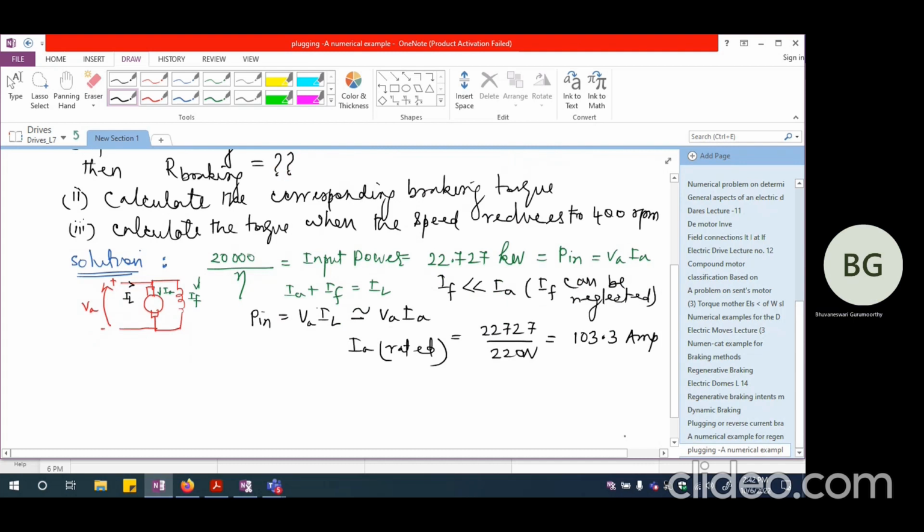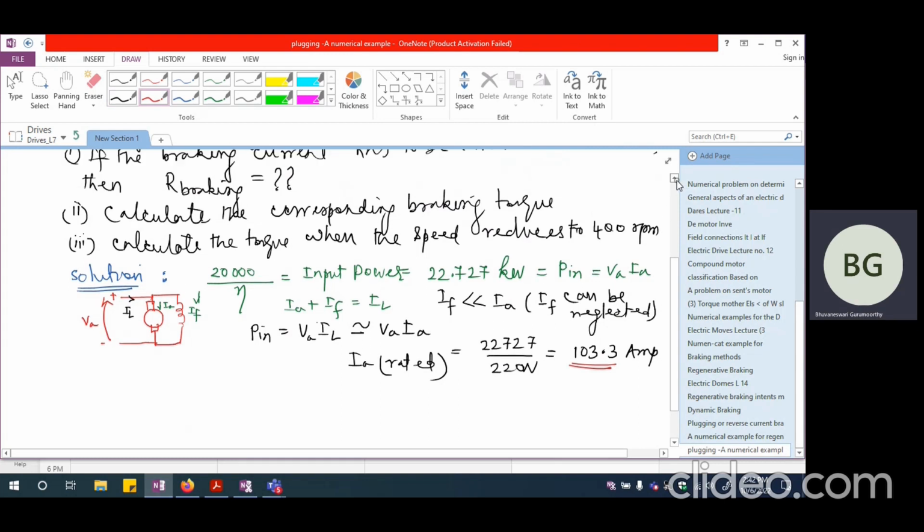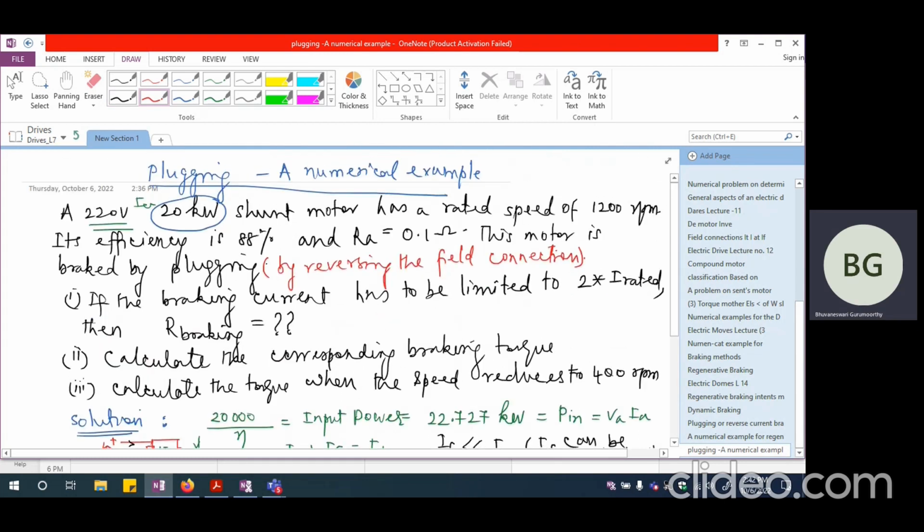Now, I should be able to write the current has to be limited to something like 103.3 ampere multiplied by 2, because twice rated current when the plugging is being implemented. So when plugging is being implemented, the current has to be limited to twice the rated value.